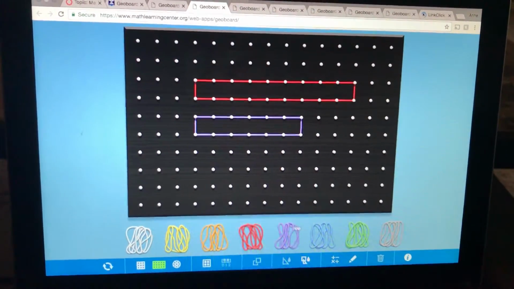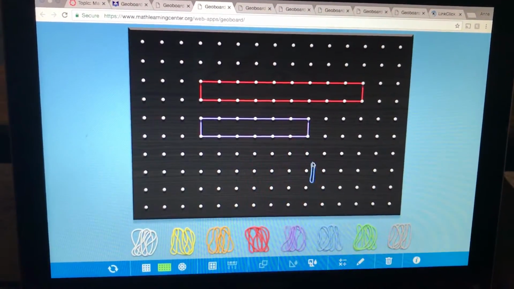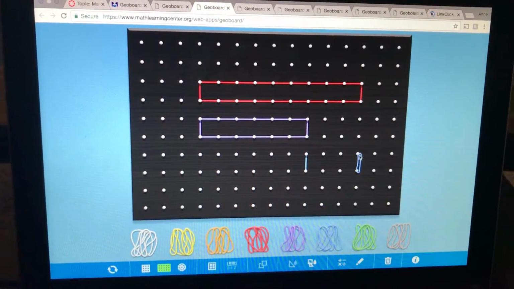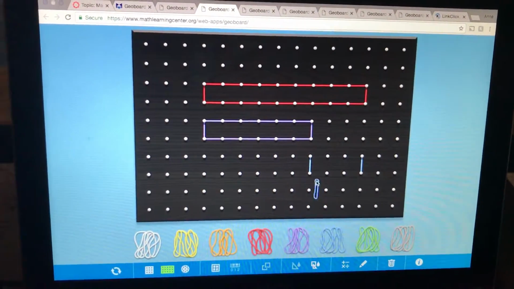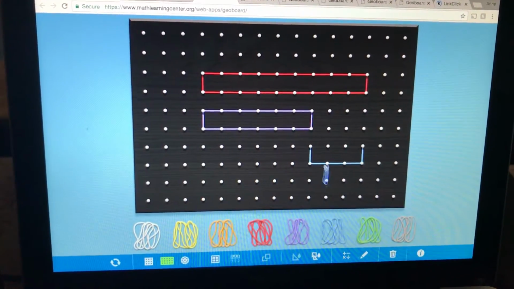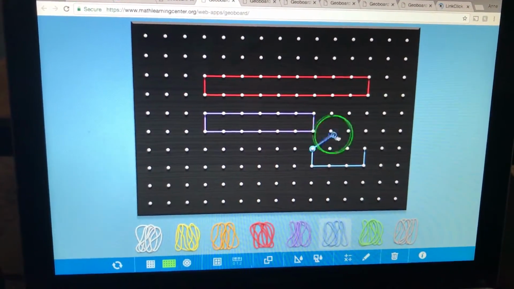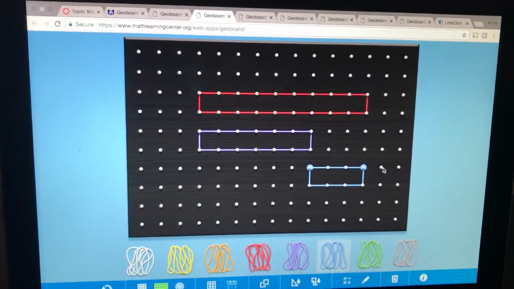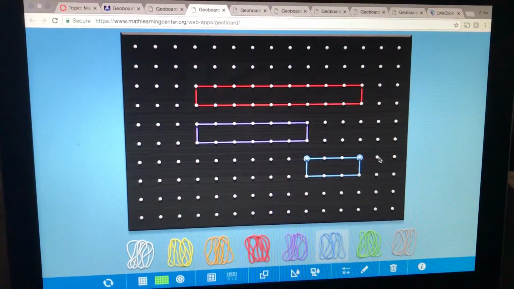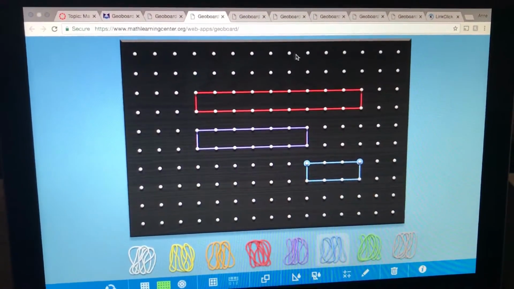So in the end, I would want my students to use a different rubber band color. We use blue to show me that the difference between these two units would be 3. So I'd have my students do that and show me how they found the difference, and I'd also have them create a number sentence to show me how they did that.